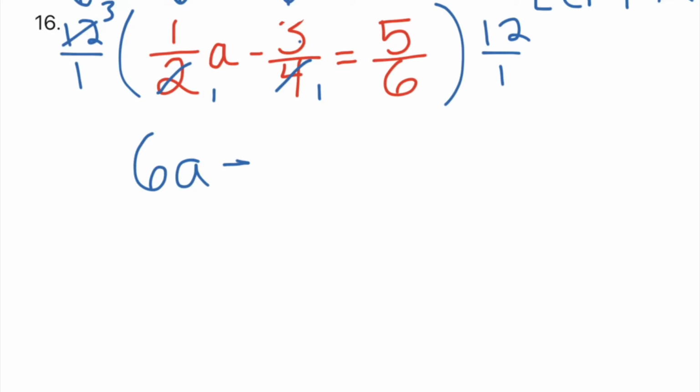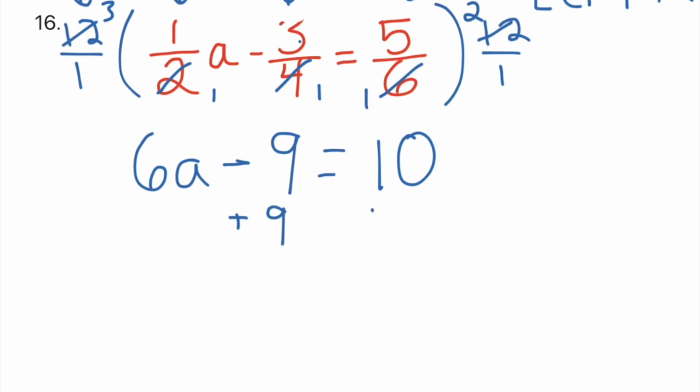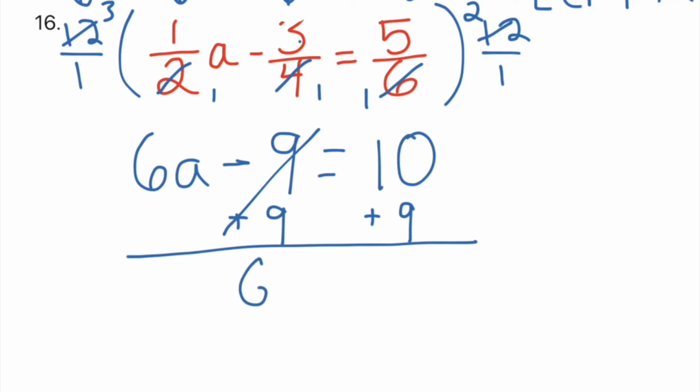And then you just have 3 times 3, which is 9, equals, and now over here, we have 12/1 times 5/6. These reduce, and you are left with 10. So now this is a little bit easier to deal with. So we're just going to add 9 to both sides. So those cancel, and we have 6a equals 19.